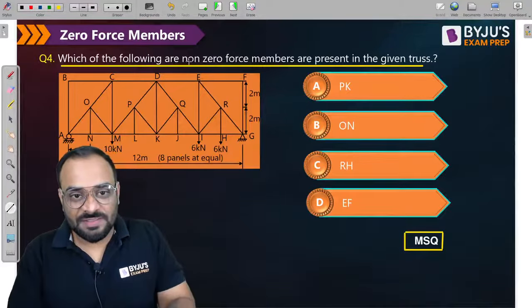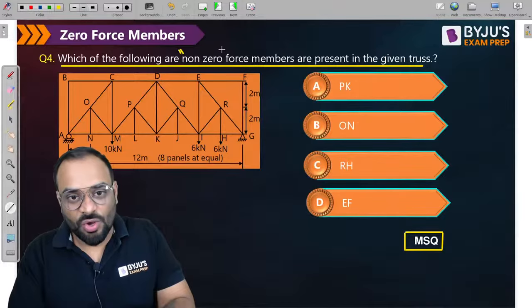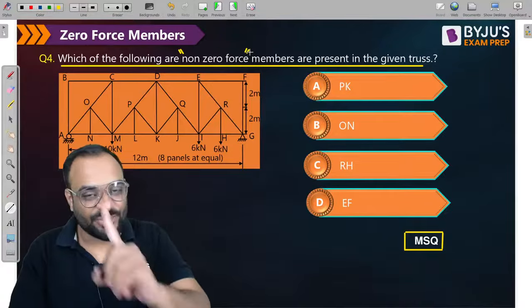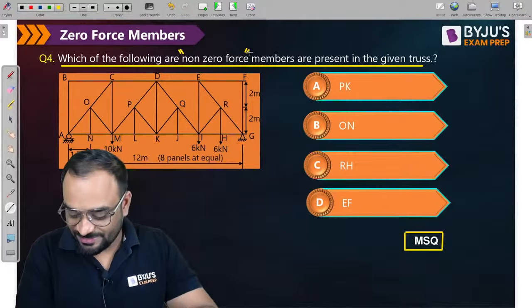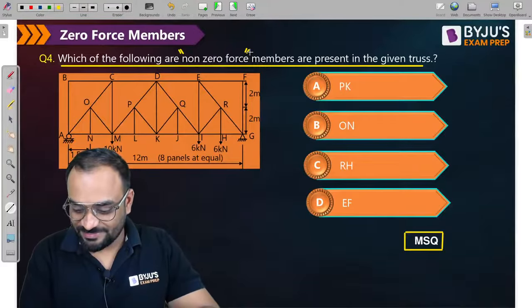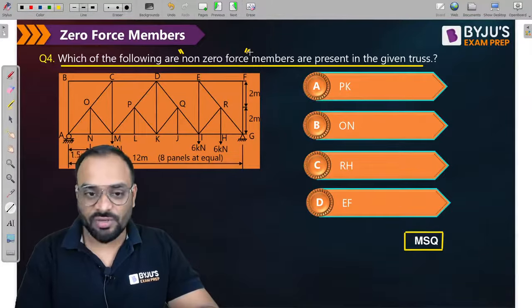Be careful, guys, with the words non-zero force member. It is not zero, right? Valli RH, Balaji PK. Let's see any other student who is able to solve the question.